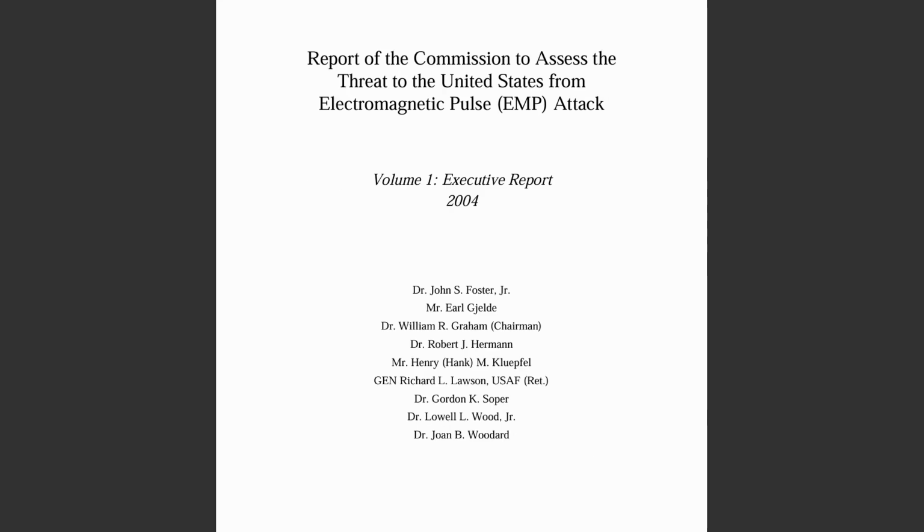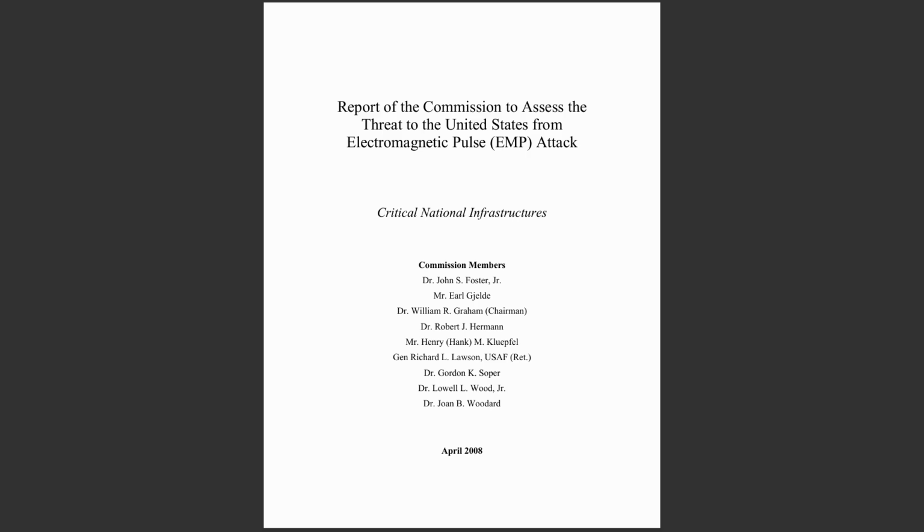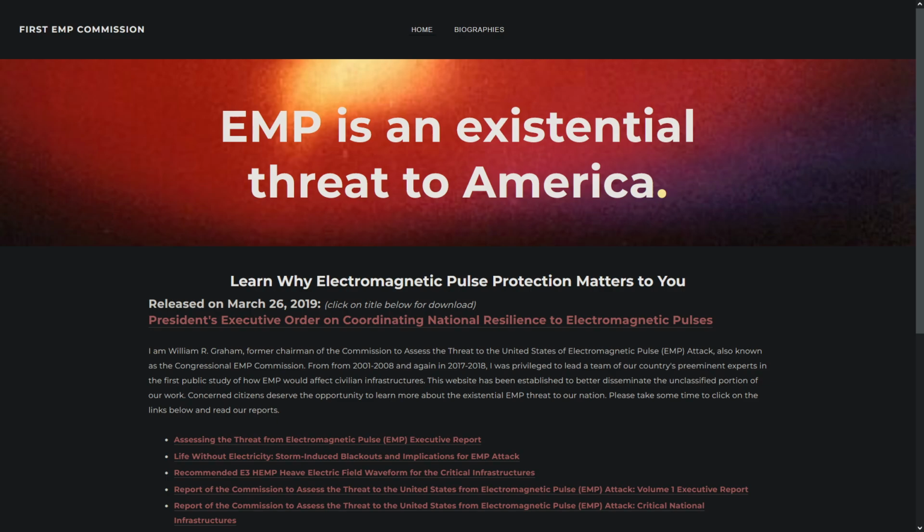This commission was to assess potential EMP threats, evaluate the vulnerabilities to military and civilian systems, assess the recovery and repair capabilities, and the feasibility of protective measures. An executive report was published in 2004, and a comprehensive analysis was published in 2008. The commission was then disbanded, but reauthorized by Congress again in 2016, and several more reports were published between 2017 and 2019.